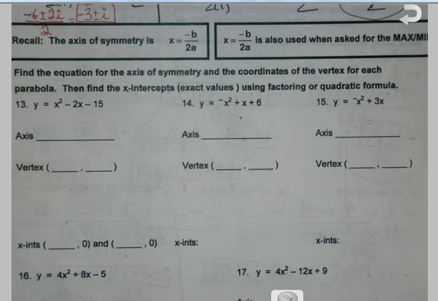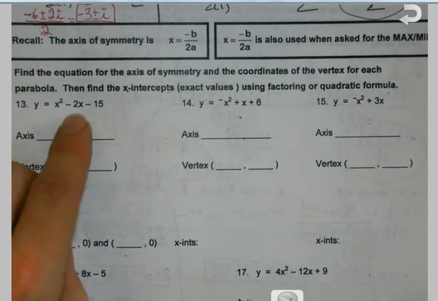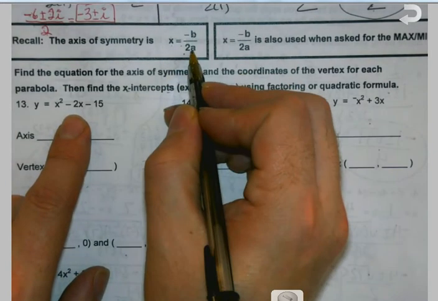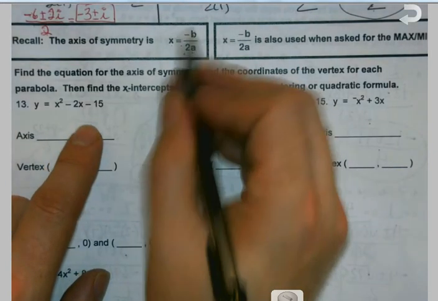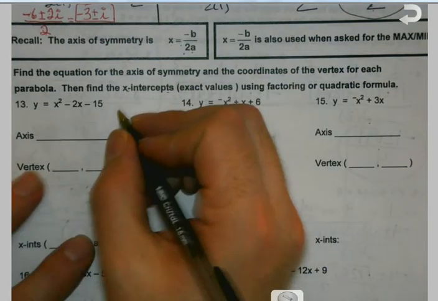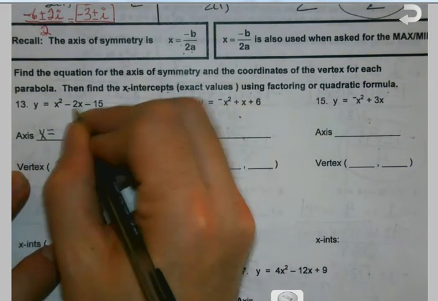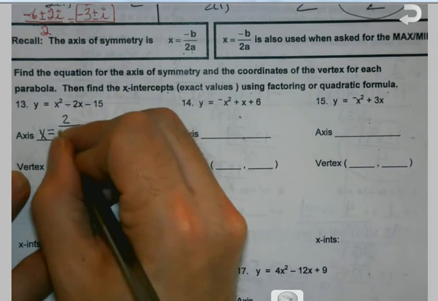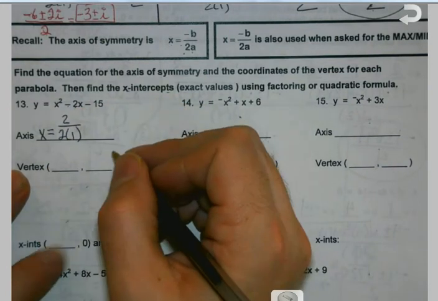So in this case, to find my vertex, I can do a couple of things. One of them, again, remember, is to use my x equals negative b over 2a. That's finding the x value of my vertex. So negative b would be the opposite of negative 2, which would be 2, over 2a.